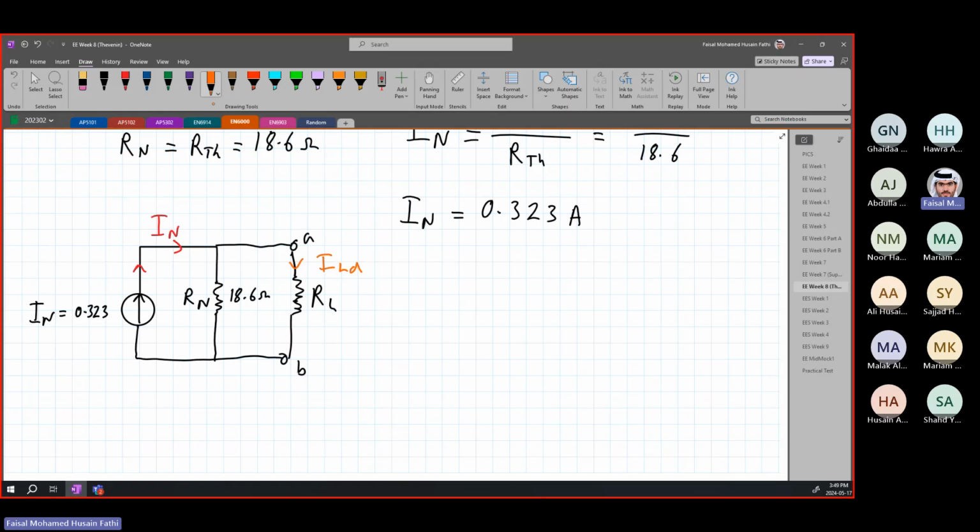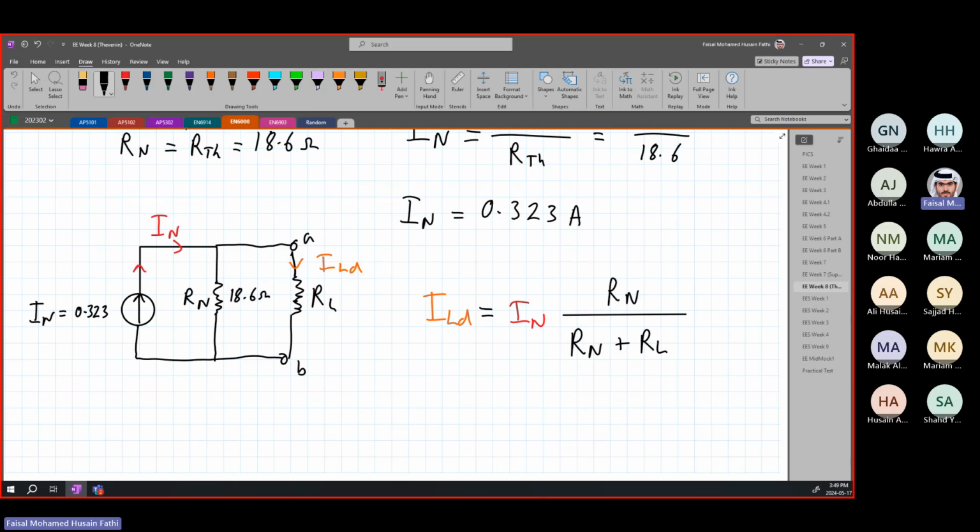Okay. Now, how do you find the current here? Again, you can either use voltage divider rule or the method that I usually do. Since these are in parallel, you can easily use current divider rule. If you use current divider rule, I load is going to be equal to I Norton times, remember, it's going to be the other resistance, so it's going to be R Norton over R Norton plus R load.